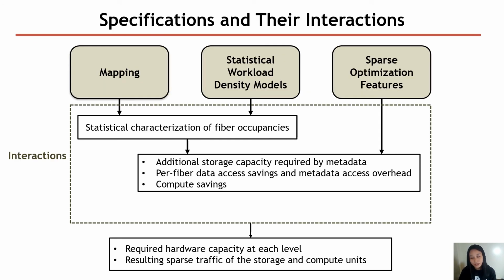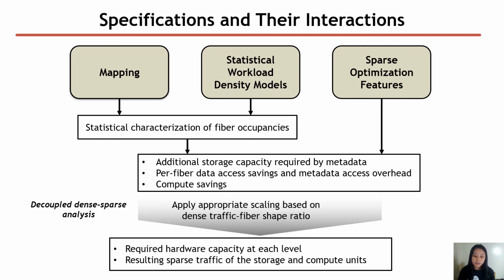So now we have talked about how, once we have defined the statistical nature of a fiber, we could also apply sparse optimization features and how they interact with each other. The result of this interaction is basically an analysis of the additional storage capacity required by metadata, which is dependent on your sparse optimization's data format choice, for fiber data access savings and metadata access overhead, and also your compute savings.